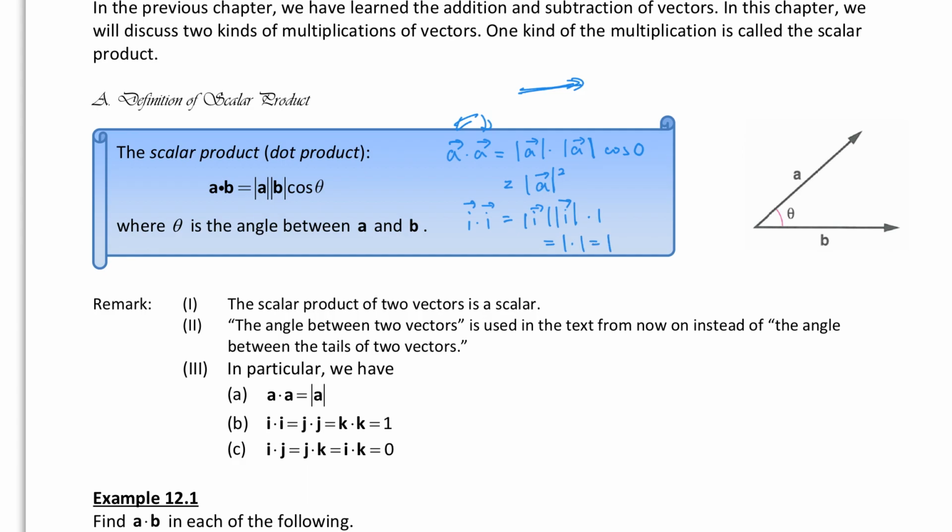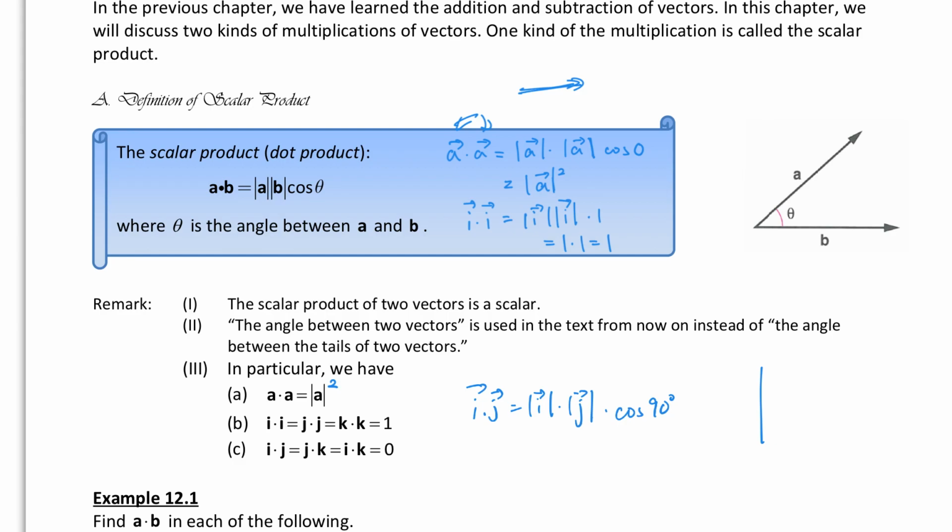So you can see there are several remarks. Remember, I dot I, J dot J, K dot K are equal to 1. A dot A is equal to magnitude A, sorry, magnitude A all squared. How about I dot J? Vector I dot vector J is magnitude I, which is 1, times magnitude J, which is 1, times cosine 90 degrees.